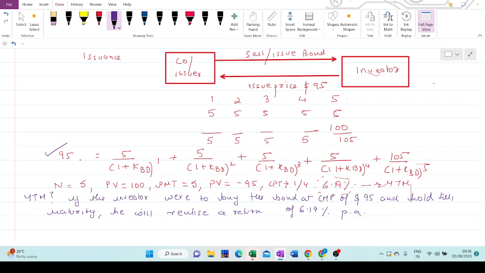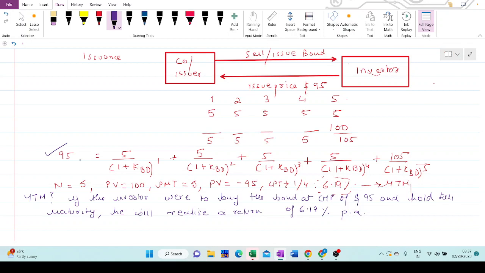Right. And if we speak from the company's perspective, the intuition of this 6.19% is that the cost of raising $95 today is 6.19% per annum for the next 5 years.